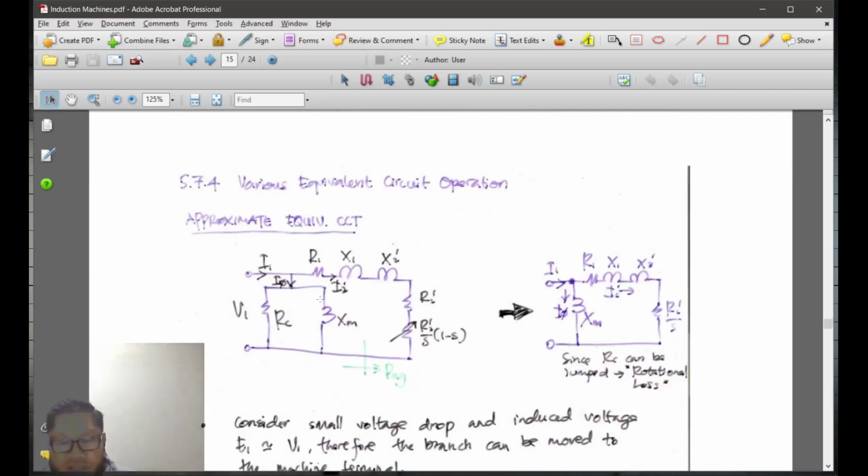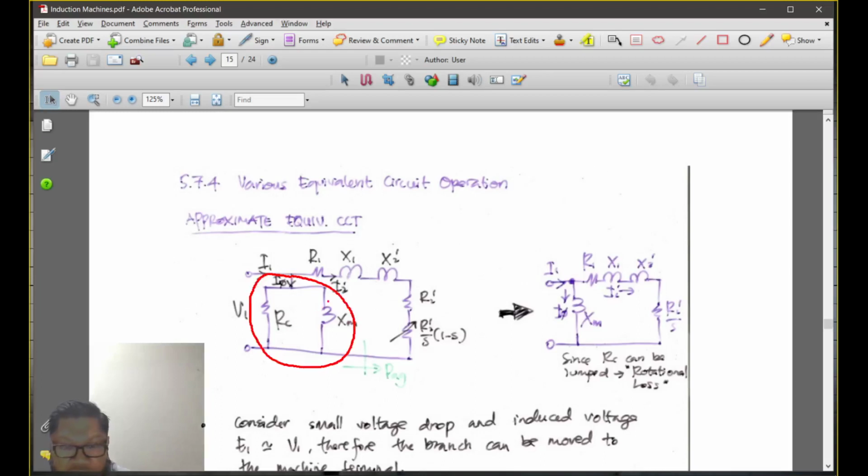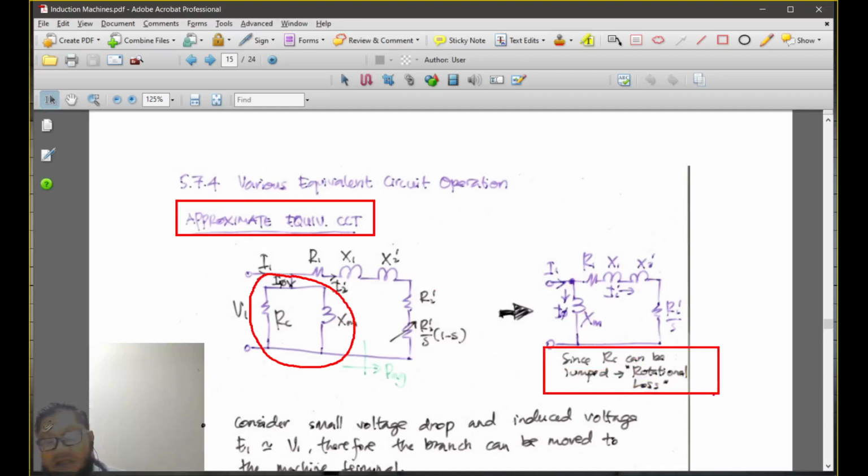So for the approximate circuit, I hope you still remember, you can bring the branch here, RC and XM, to the front end, isn't it? If you use the approximate equivalent circuit. And because RC is the core loss, and we know XM is very large compared to RC, you can simply remove that.